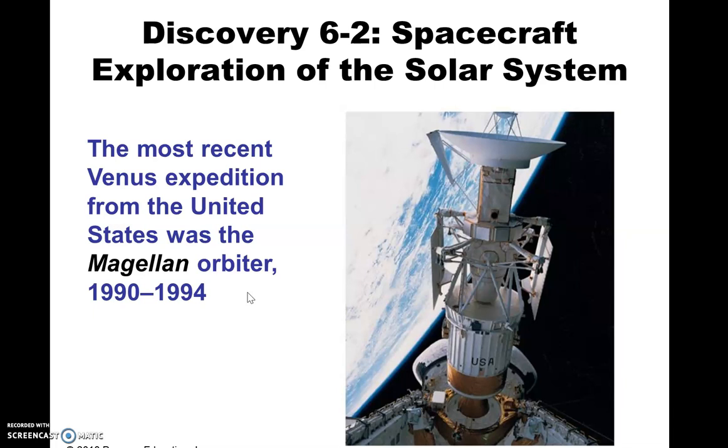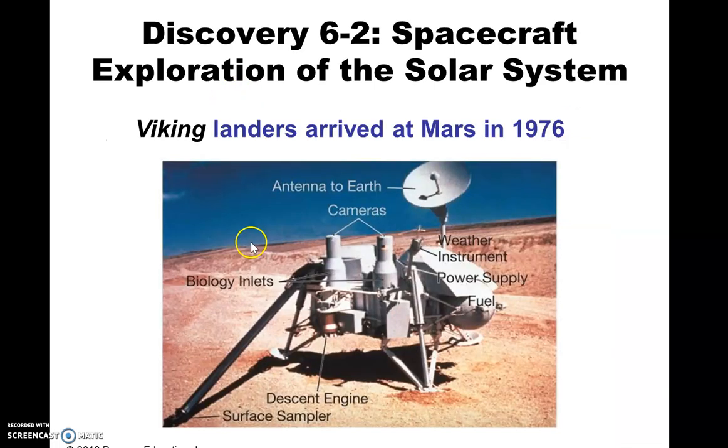The radar is able to go through the thick atmosphere and gave us the surface, which turns out to have mountains and volcanoes. We didn't see any active volcanoes, but we do think that in recent history, that is, the last few million years, there were active volcanoes on the surface of Venus. All right, again, more about this stuff in detail when we get to the chapters on these.